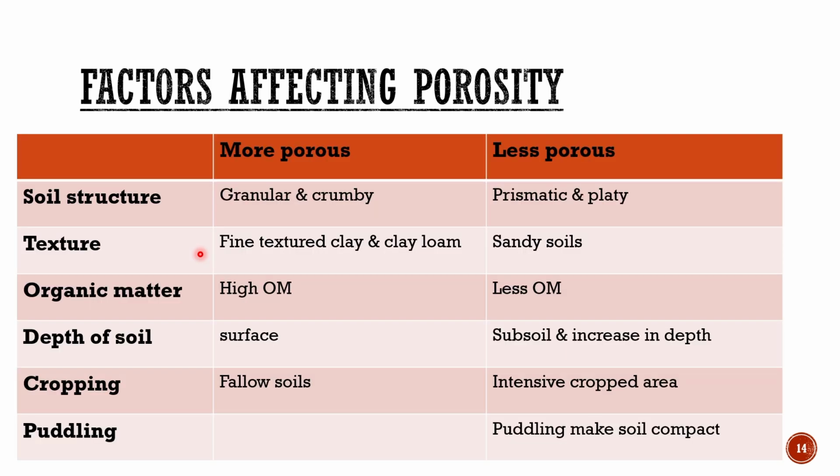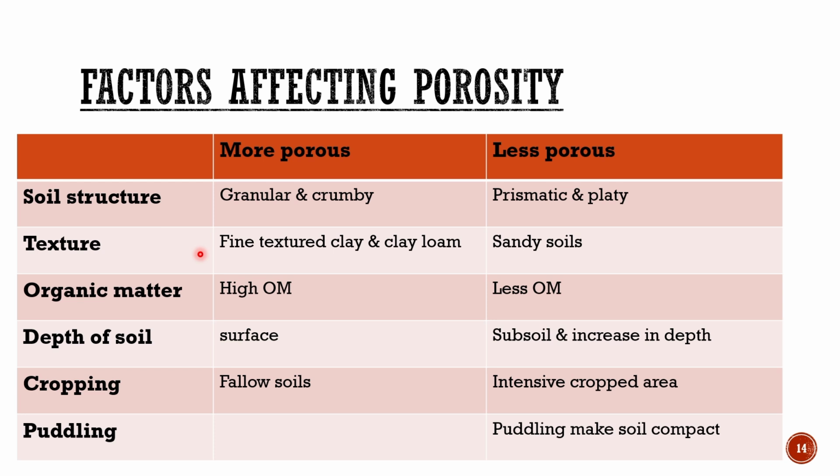Then next we can look at the factors affecting porosity. For good plant growth, we know that the ideal condition is medium textured soil, well granulated surface soil, etc. Out of the total volume of soil, 50% should be pore space. In that 50%, half is filled with water and half is filled with air.